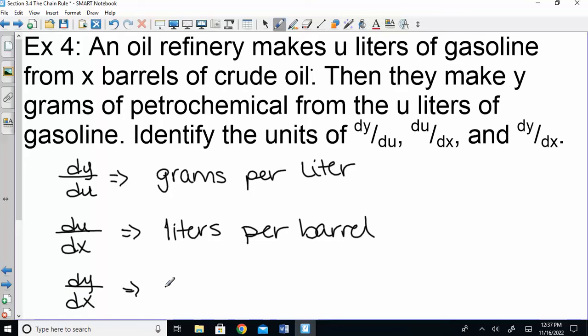So y is grams per. So we'll do a lot more applications with these types of problems, and putting units on things later on, probably after Christmas. But just kind of touching on now, getting used to what those units might look like.